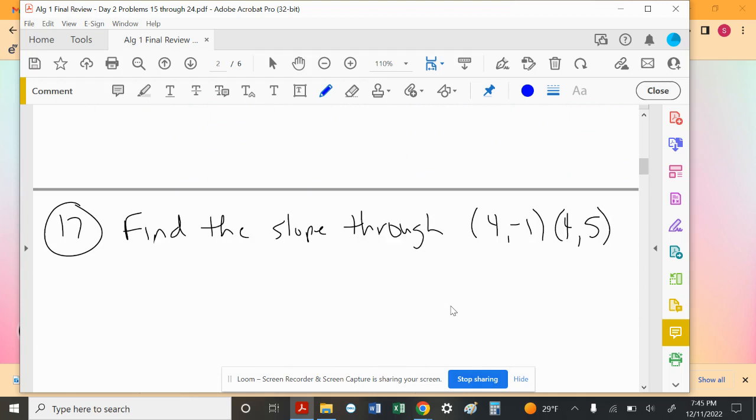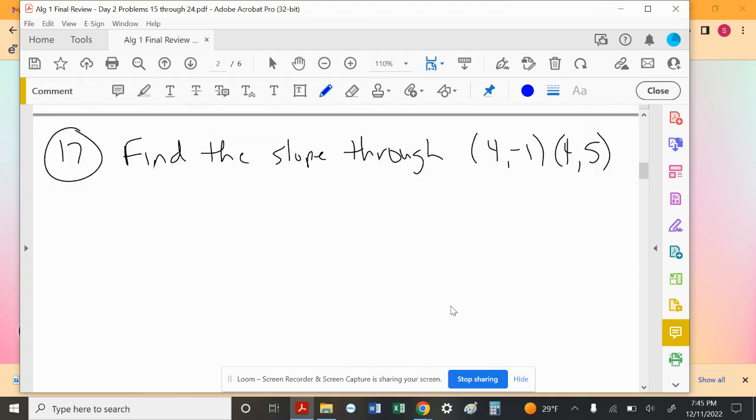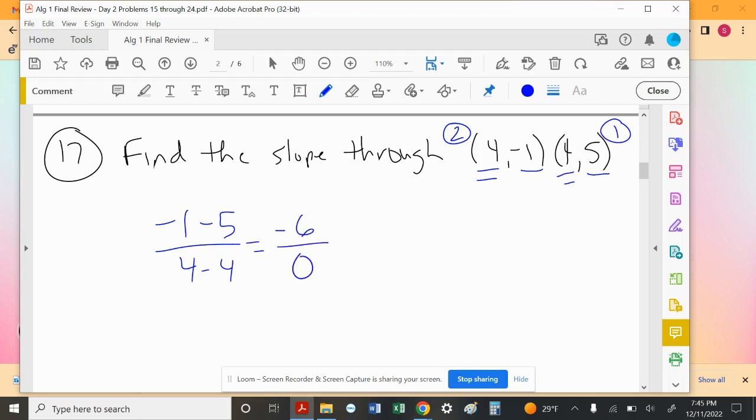So another find the slope through. Same thing, same equation that we did above. So let's make this point 2 though, and this one point 1, because it doesn't matter. So then we have negative 1 minus 5. So we subtract the y's, divided by subtracting the x's, 4 minus 4. Okay, so that gives me negative 6 over 0.